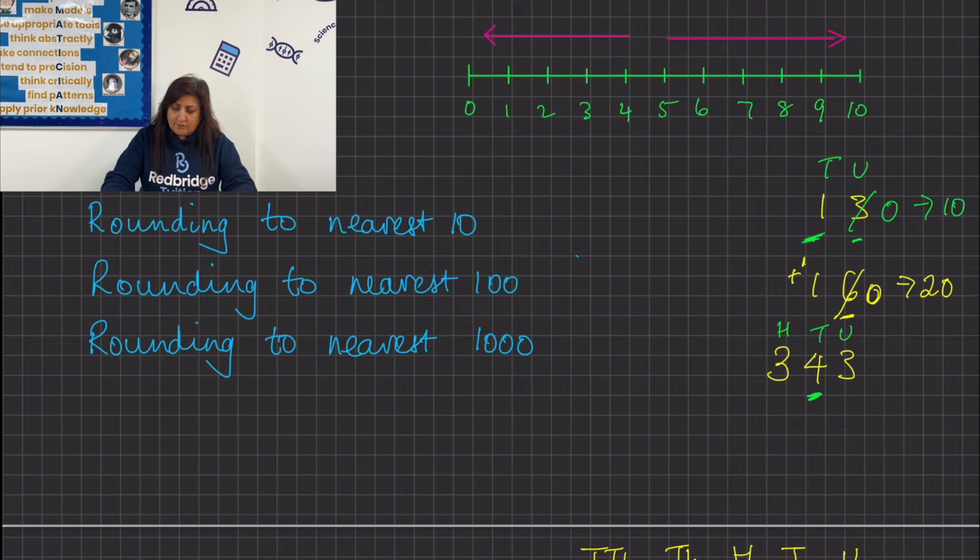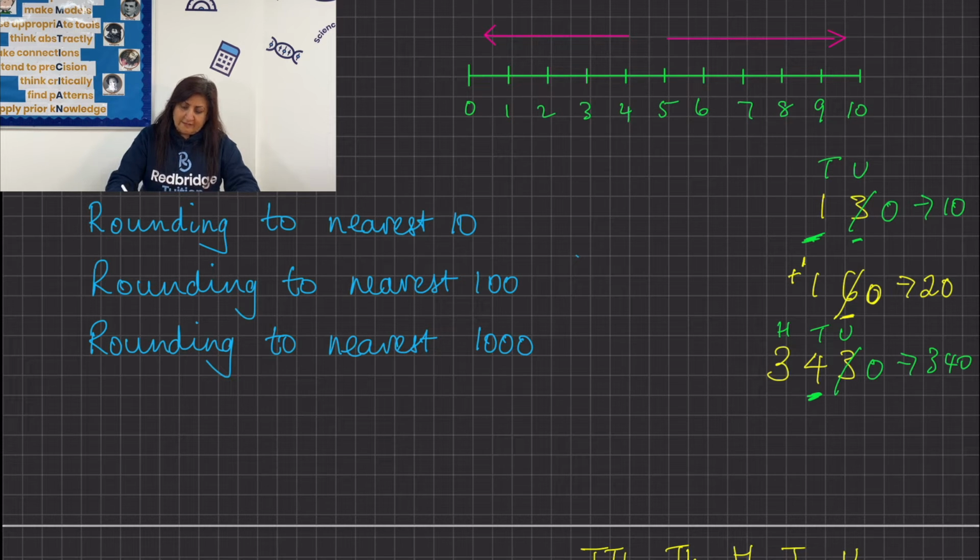The 3 we know will round down, so this will become a 0. The 4 will remain as it is because we're not adding to it. Your rounding will be 340. Notice that the 3 in the hundreds column has stayed exactly as it was. So any numbers to the left of where you're rounding remain exactly as they are.